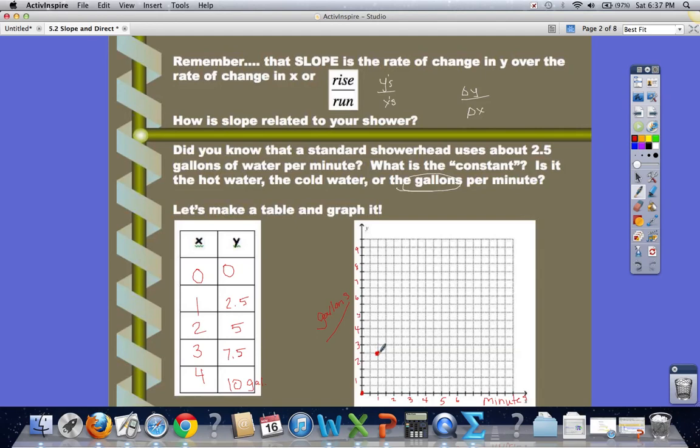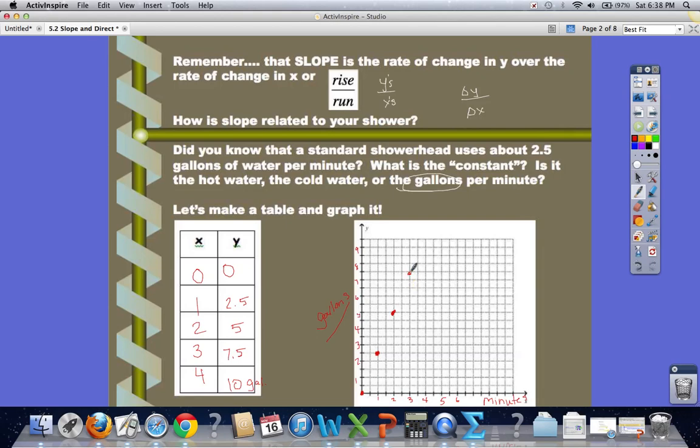Okay, and then at 2 minutes, it's going to be 5 gallons. At 3 minutes, it's going to be 7.5 gallons, right there.